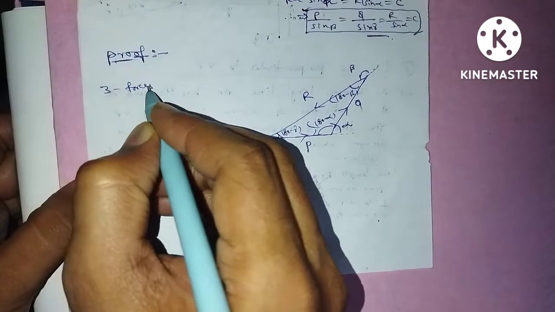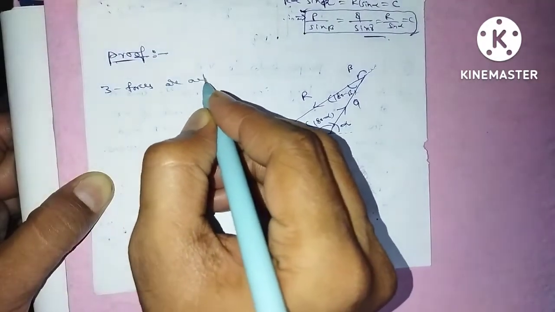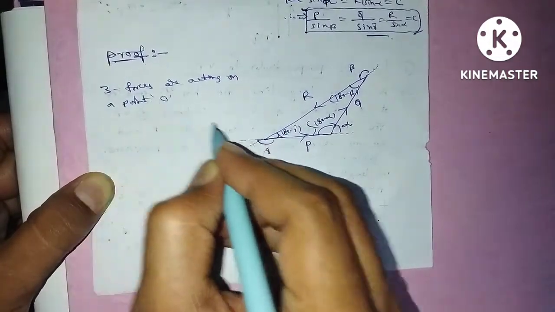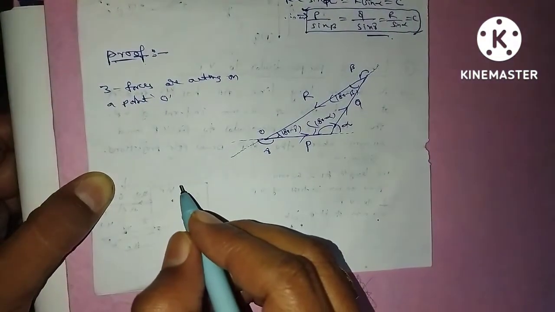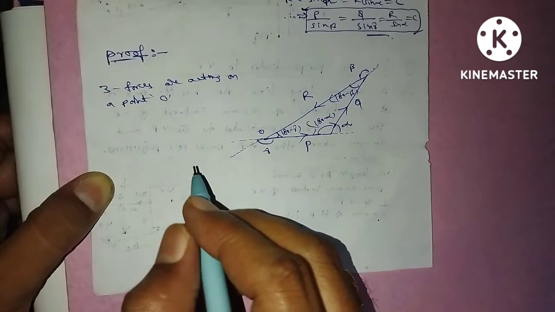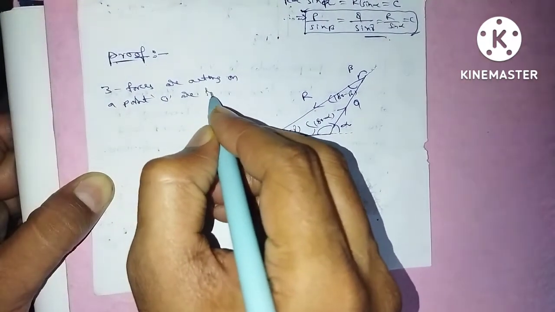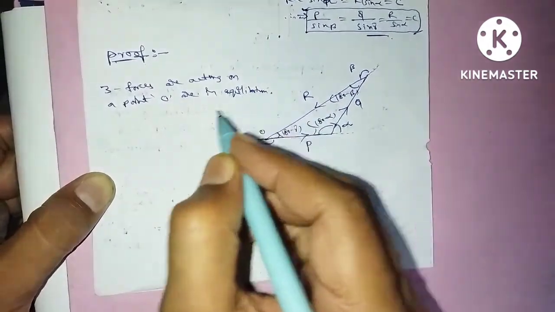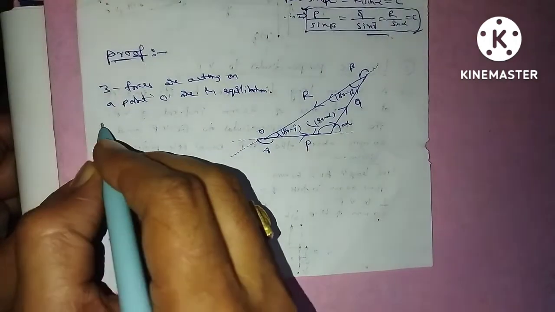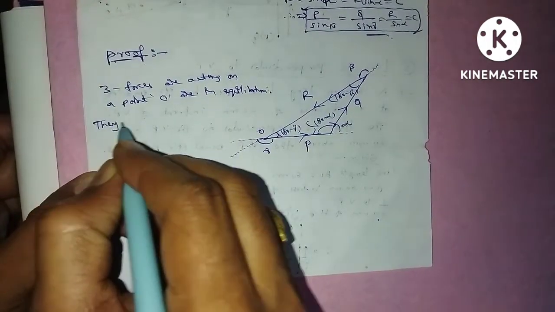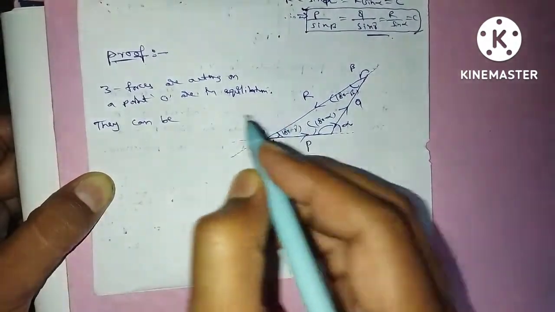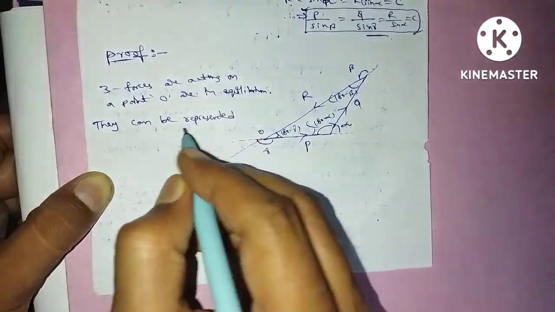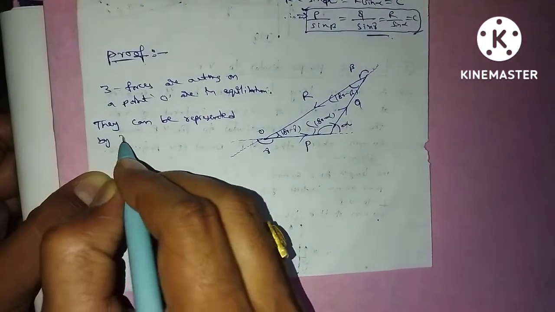Three forces are acting on a point as shown in the figure. They are in equilibrium. They can be represented by a triangle.